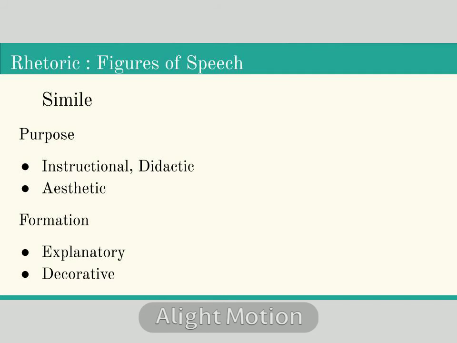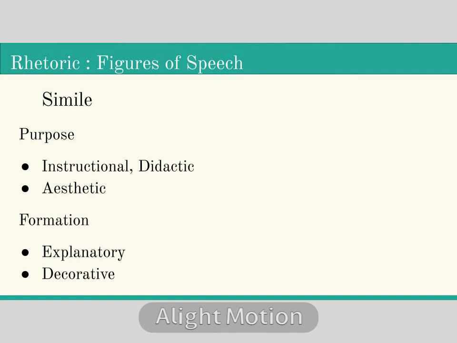Again, when we look at different examples of simile, we might notice that we have two different entities, which are somewhat different in nature, yet they contain some point of similarity between them. So when we compare them, we can notice that sometimes one of them would be more well known than the other. One of them might be a bit more commonplace, a bit more familiar than the other.